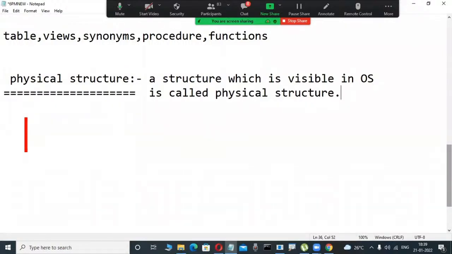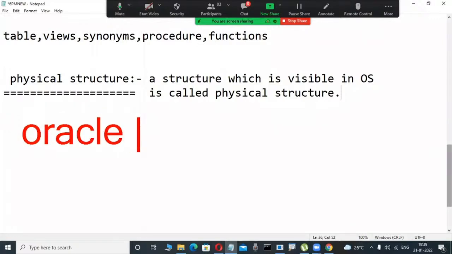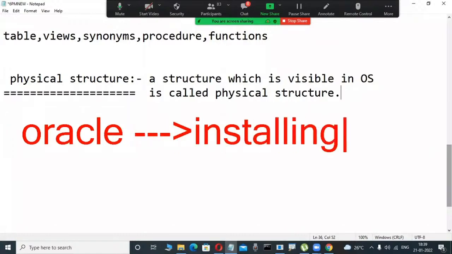Suppose PowerPoint, MS Access, Word, anything we are loading, physical files are created. Same like in our software, Oracle is a relational database software. MySQL, SQL Server, we are installing, for example. Whenever I'm installing, in Oracle automatically physical files are created.